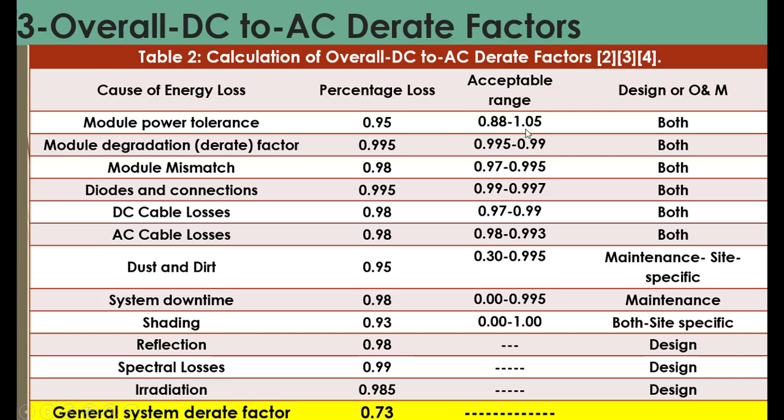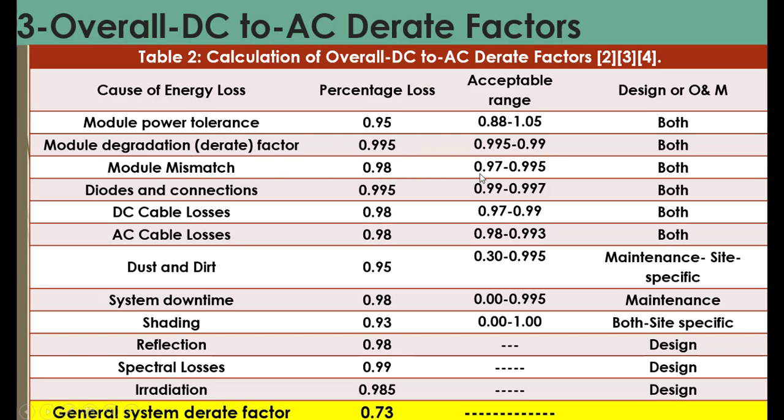This is the percent acceptable range, and this can happen in both the design stage and the operation and maintenance stage. Also, module degradation, this value, this is the acceptable range. This table is just for clarifying the sources and the values of the acceptable range.